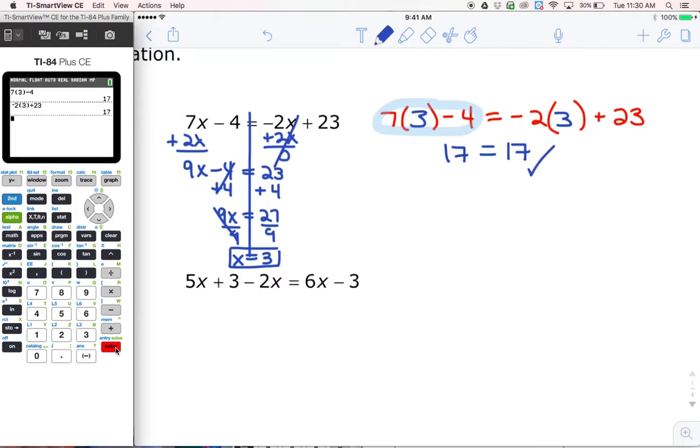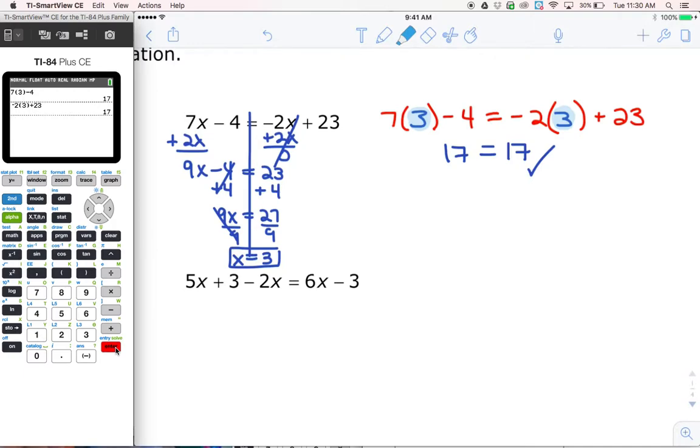This means that I am correct. It means that when I use the number 3, it makes the left side equal to the right side. Okay, 3 worked. That's my answer. It made the left side equal 17, the right side equal 17, so they equal each other. That's how you check problems that aren't just equal to a number. If you have x's on the other side, this is how we check.